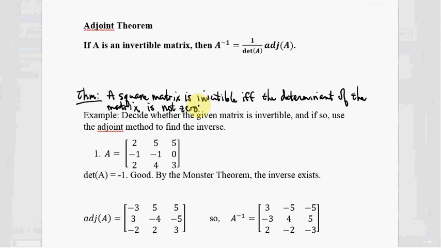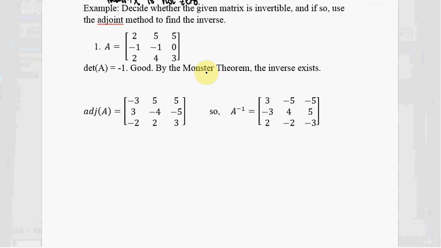Let's see. Now I put the answers there, but let's work it out. First, we want to find the determinant of A. I'm going to solve for this determinant by using cofactor expansion along the second row.